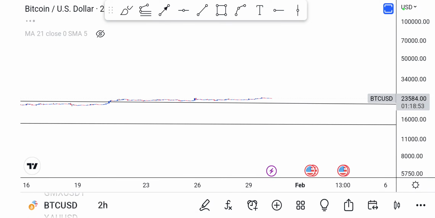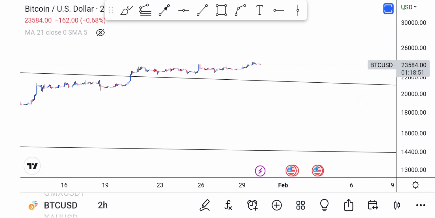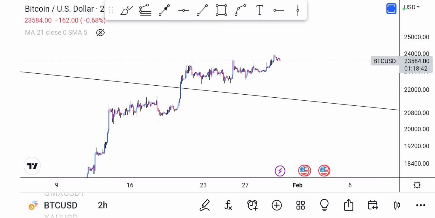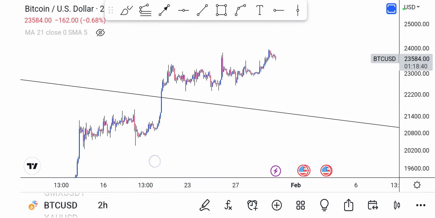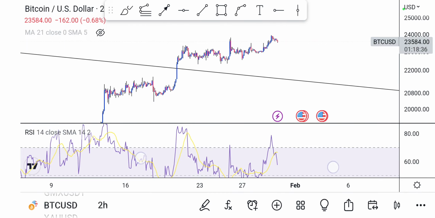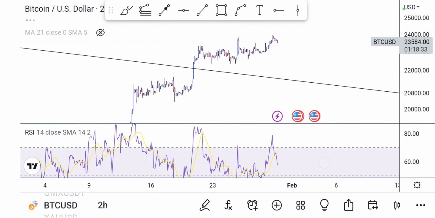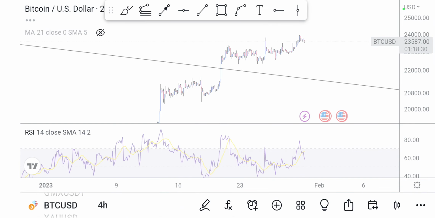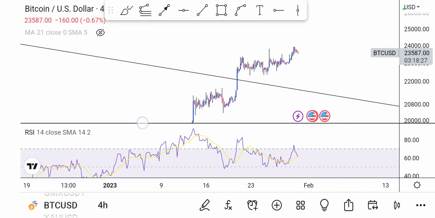But what about when we go down to lower time frame, let me say 2 hours time frame? A lot of people are suggesting price will dump. Yes, you cannot really predict what price will do next, but we need to be very careful. So what is that? We're seeing this. Let's go higher a little bit. Now look at this.